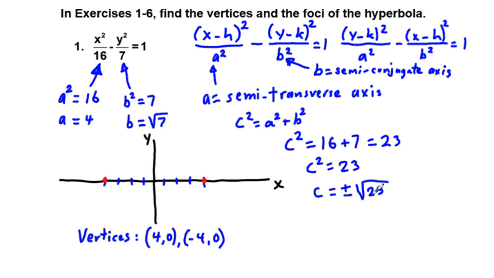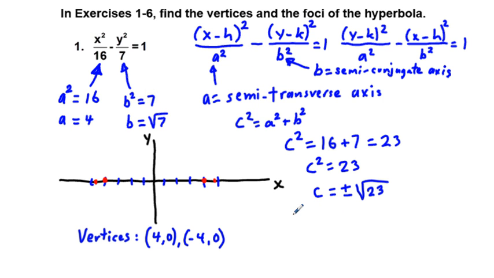And so square root of 23 is going to be a little less than the square root of 25. The square root of 25 is 5. So we're just a little bit less than 5 on either side. And so here, this little dot I'm drawing is right here on either side.